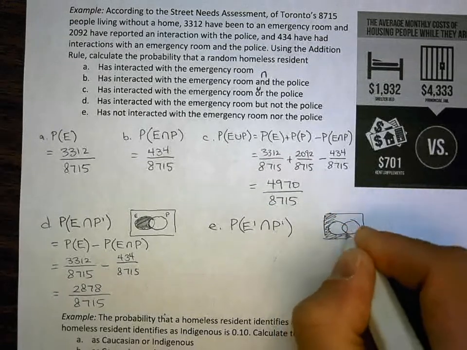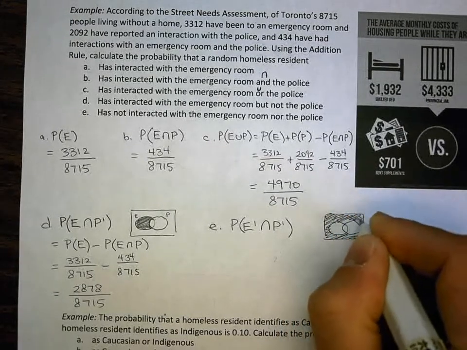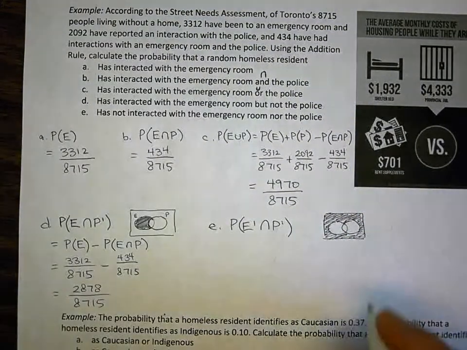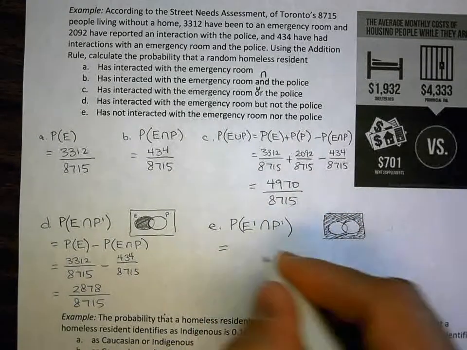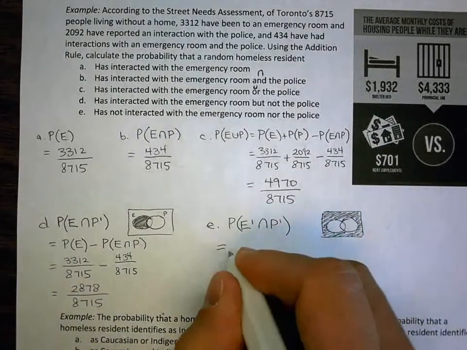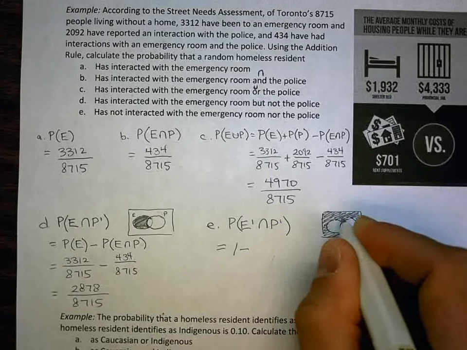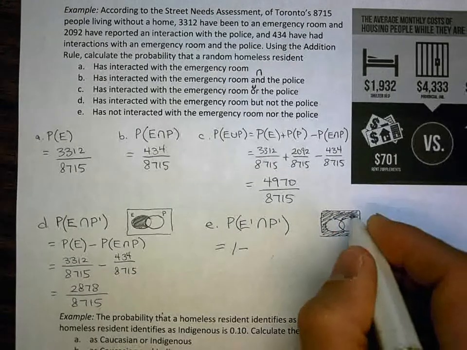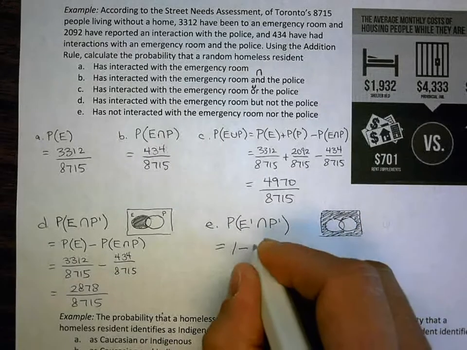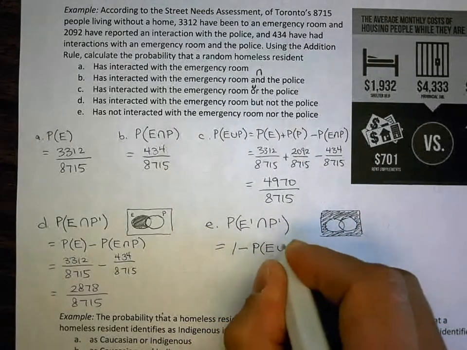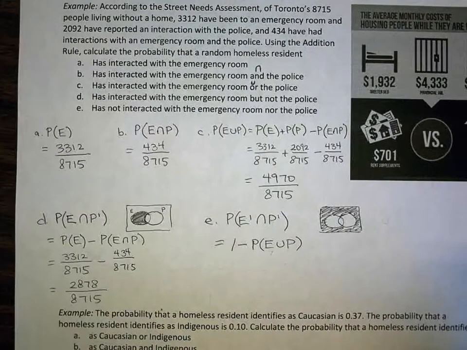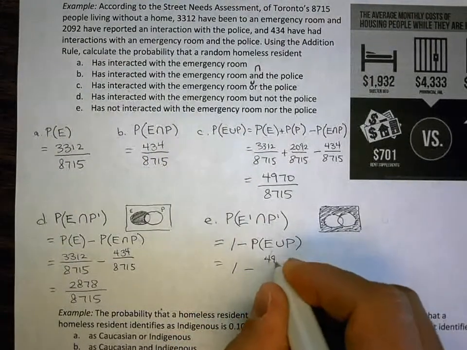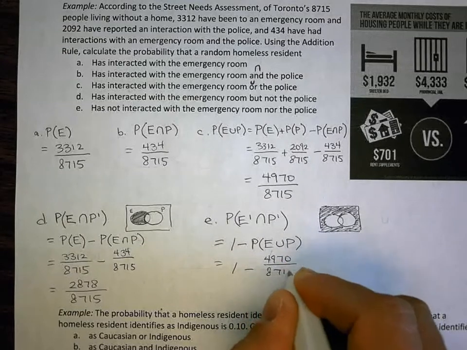This is the probability of not being inside either circle, of not having that happen. One way of figuring this out is, well, the shaded area plus the union has to be 1, the total of 1. So it's 1 subtract the union. So that's 1 minus, we calculated the union up here, 4970 over 8715.